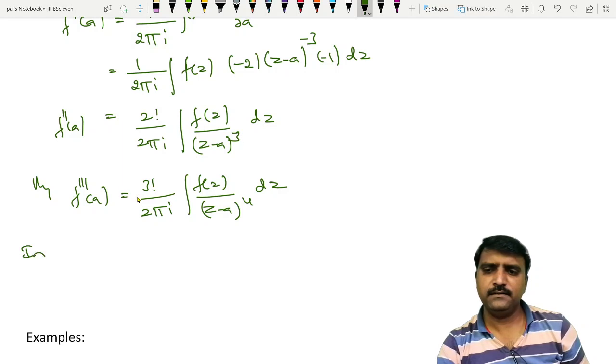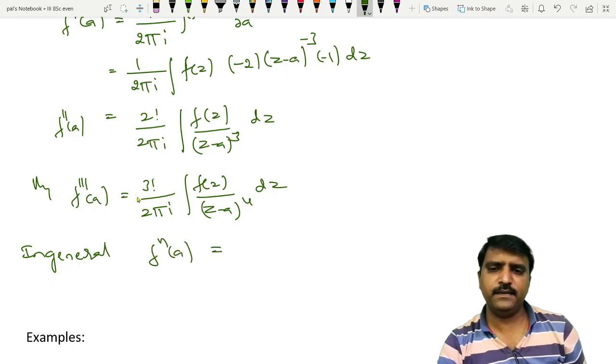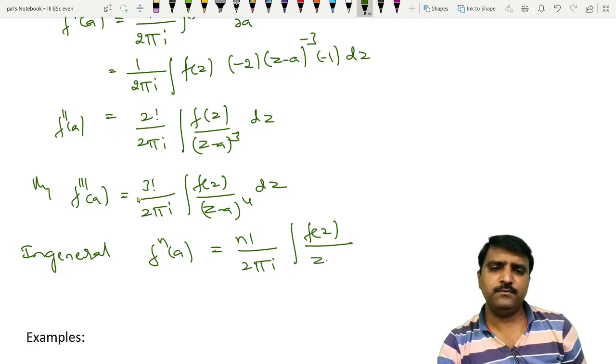In general, fn of a is equal to, if it is 3 we have 3 factorial, if it is n we must have n factorial by 2 pi i into integration of f of z by z minus a, with the power one more than the order. If we consider the third order of f of a, then we have 4 here, second order 3 there.